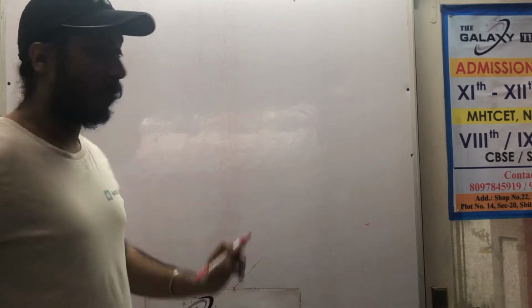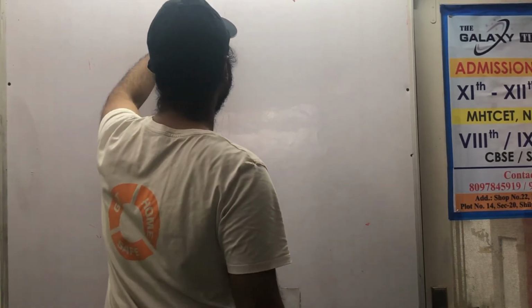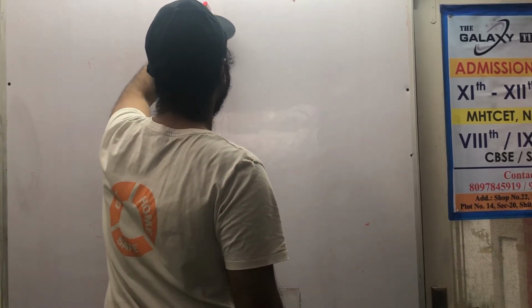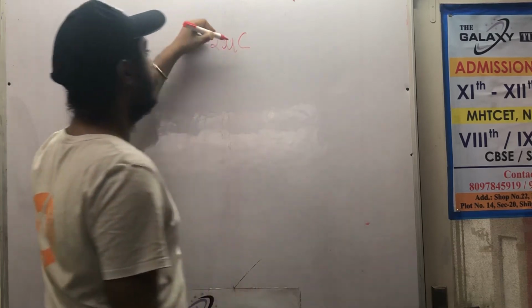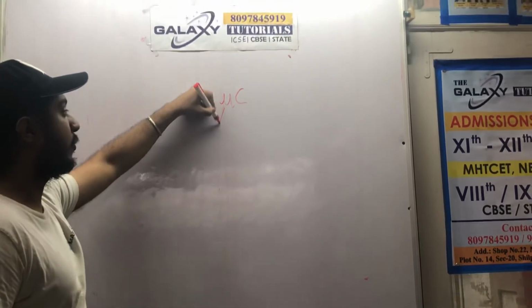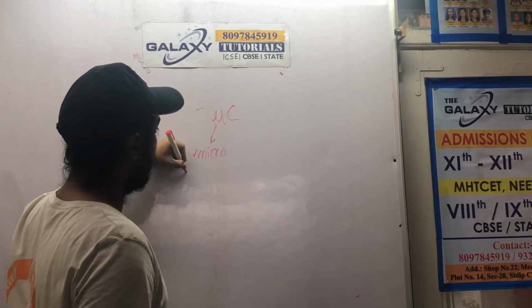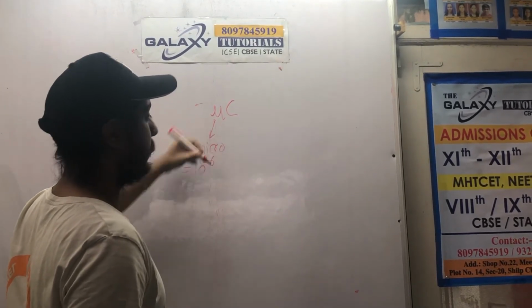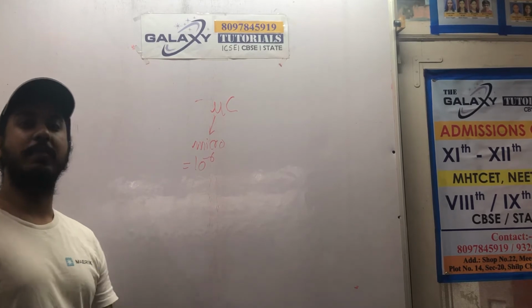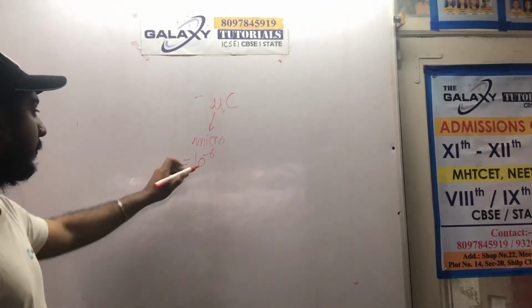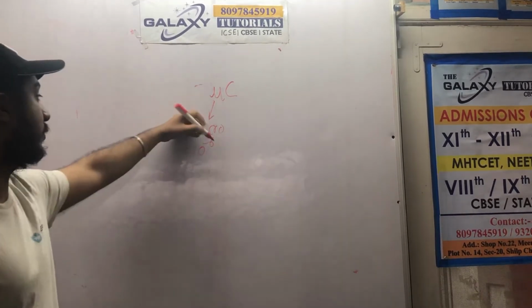I hope you all know what micro is. We use the symbol mu c here. Mu means micro, and its value is 10 raised to the power minus 6. So when I say mu c, it means microcoulomb. Micro is 10 raised to the power minus 6 coulomb.